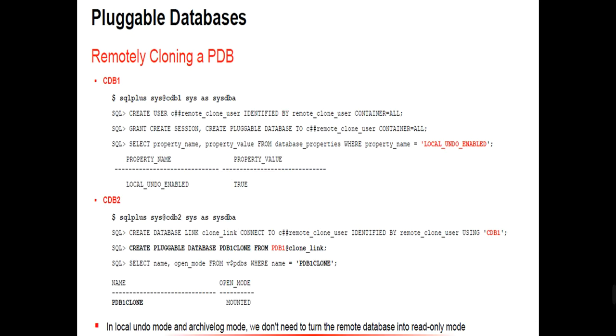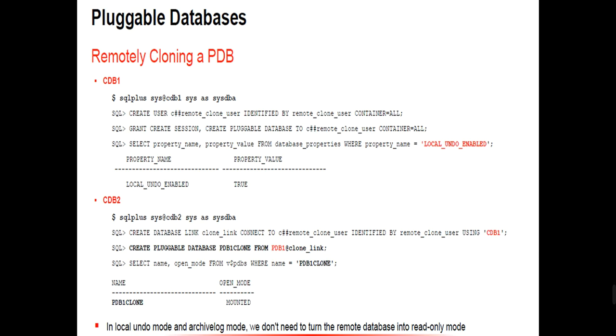We need to grant that user create pluggable database, create session and sysoper privileges, container all, so that it can create the pluggable database from the source to the target server.